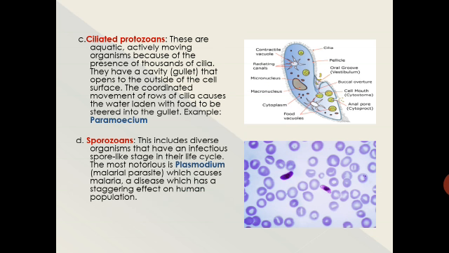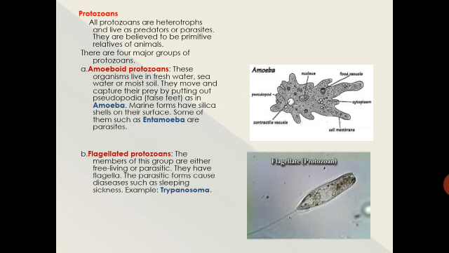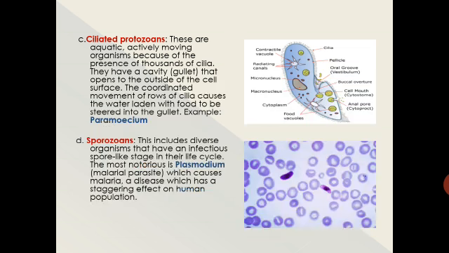So the groups coming under protozoans are amoeboid protozoans, flagellated protozoans, ciliated protozoans, and sporozoans. This completes the classification of kingdom Protista.